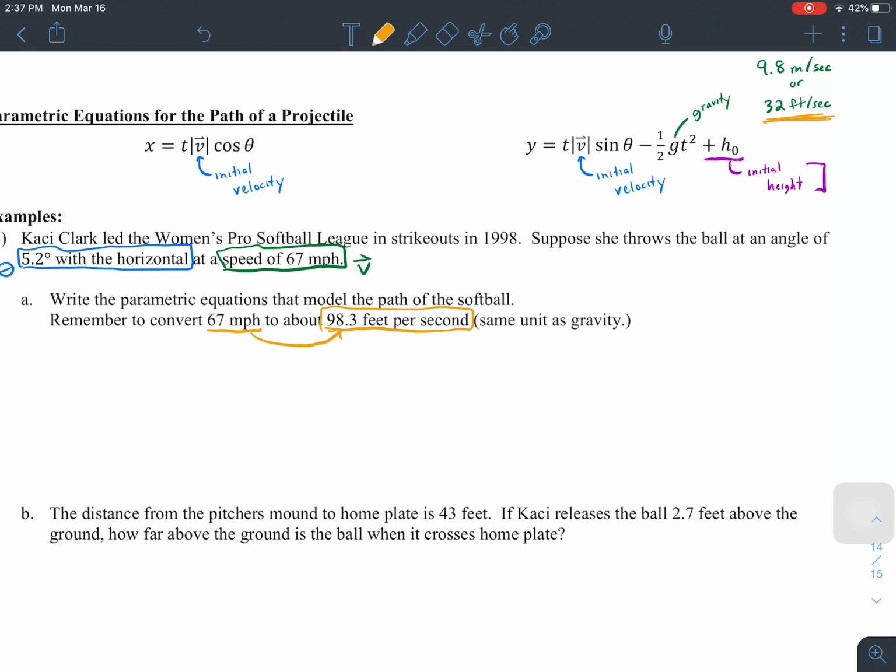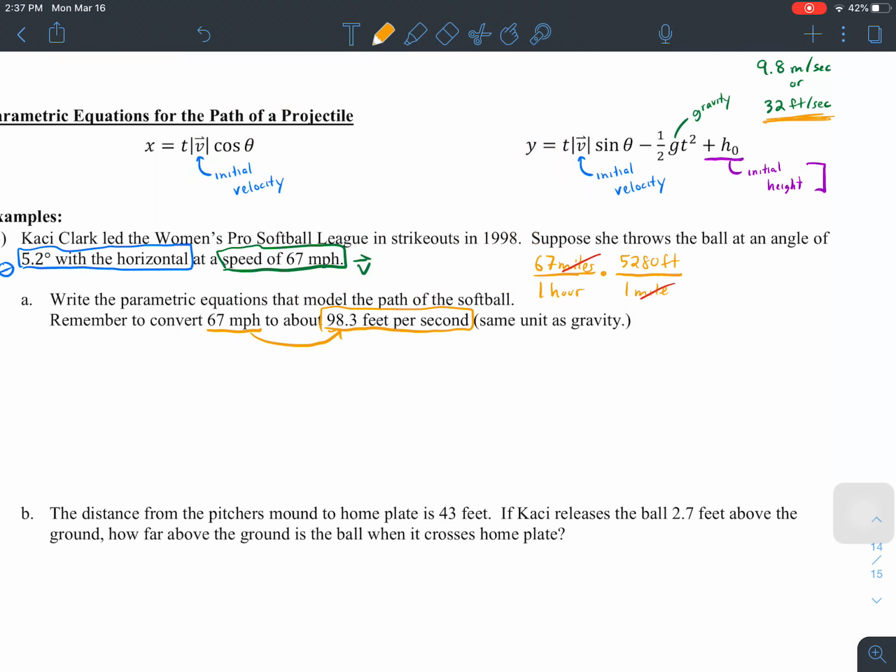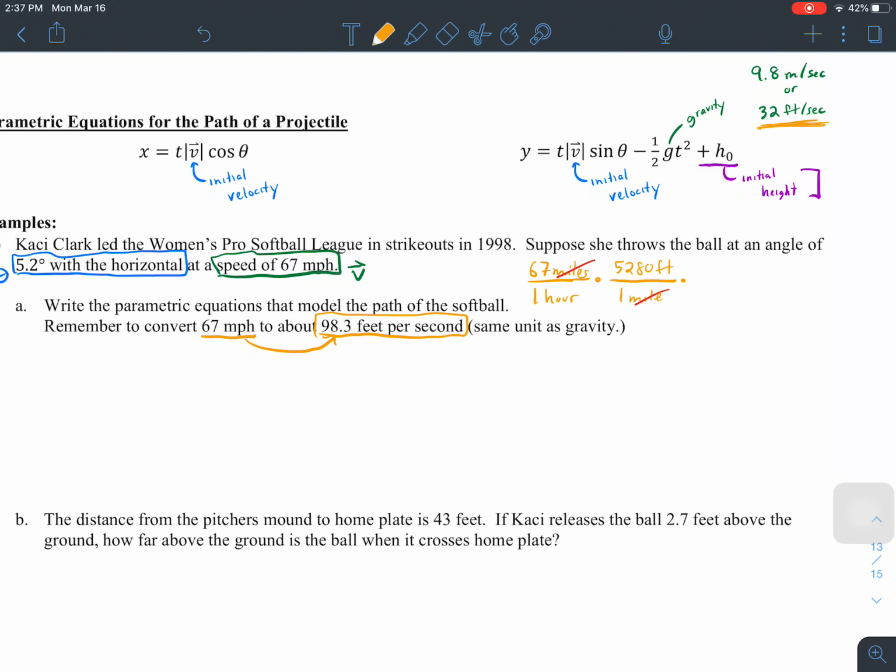The way to find that number, I know it was given to you, is to take 67 miles in 1 hour, and we want to change to feet per second. So the first thing I'm going to do is change miles to feet. There's 5,280 feet in 1 mile. The miles cancel. So now I have feet per hour. But I want per second.